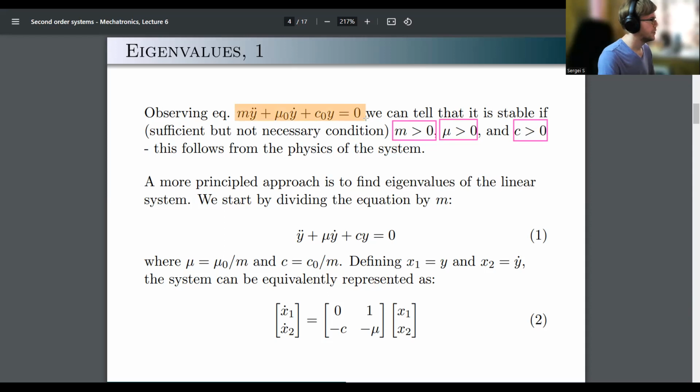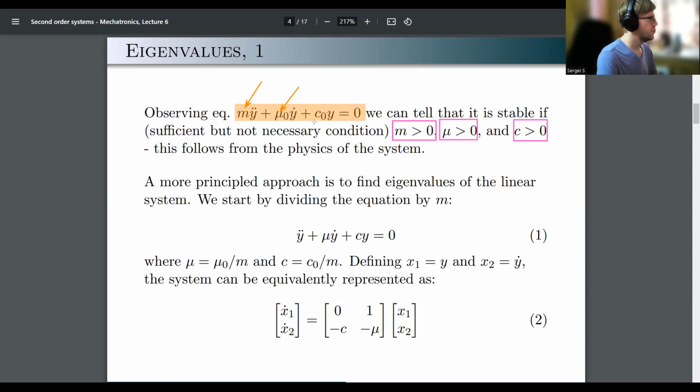Why is it so? Why is it so? Because this is the equation that describes a mass spring damper system. Okay, and so it describes the actual, physical entity. The mass for mass spring damper is obviously positive, same as mass for any physical system is positive.